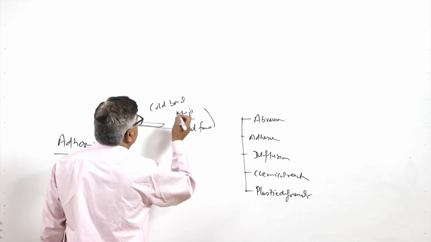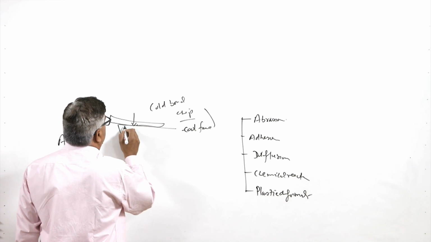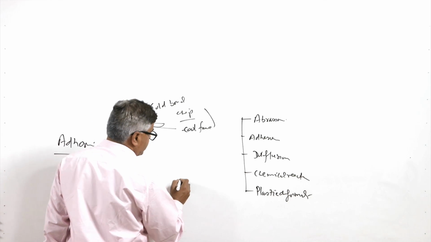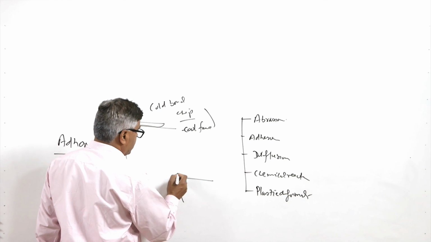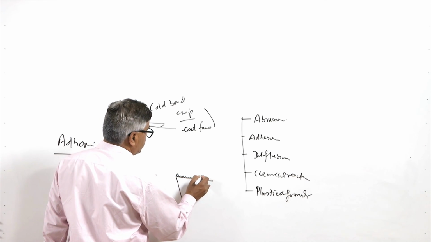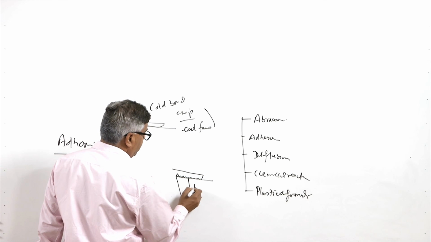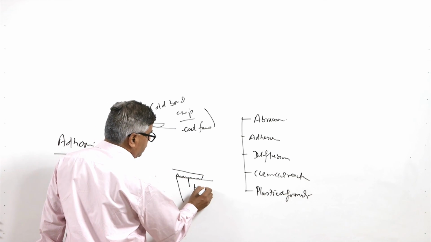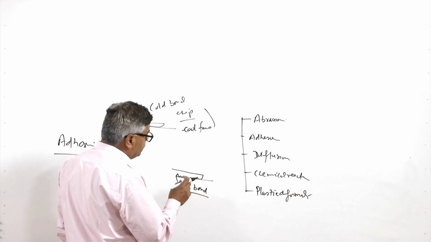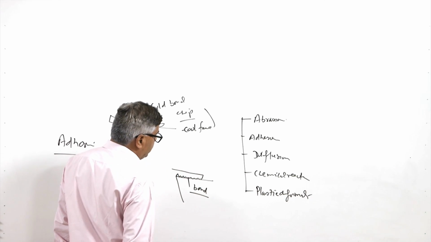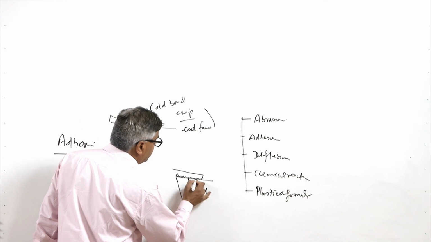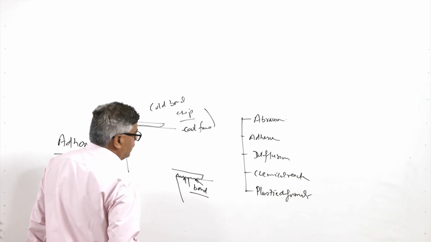This breaking of the bond causes the loss of material from the rake face of the tool. Say this is the face, and the chips are sliding under heavy pressure over it; they form cold bonds, and due to the continued relative motion of the chip over the face of the tool, a small piece of material from the rake face is also lost.